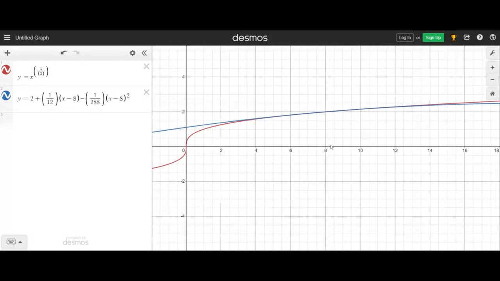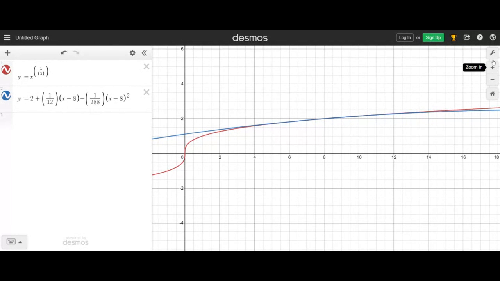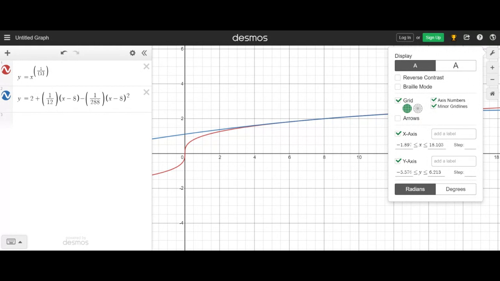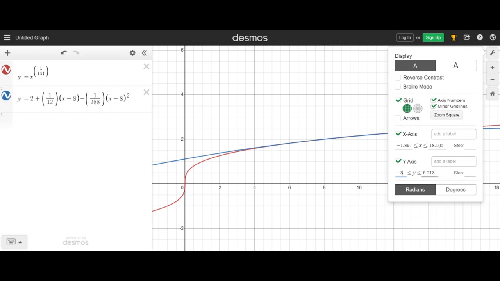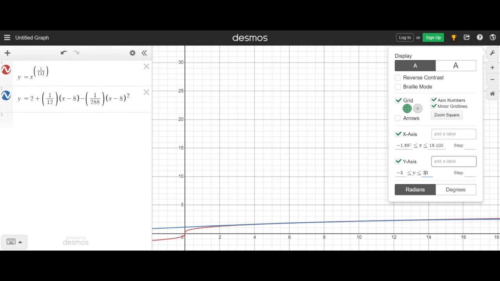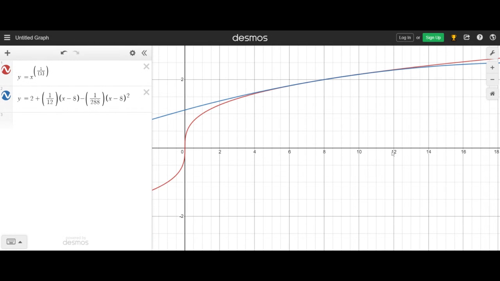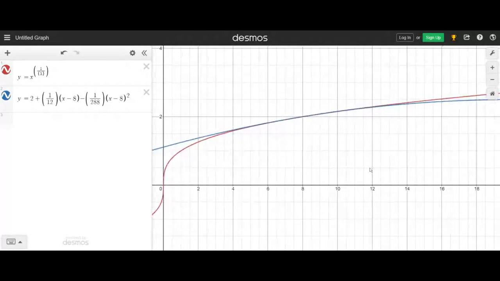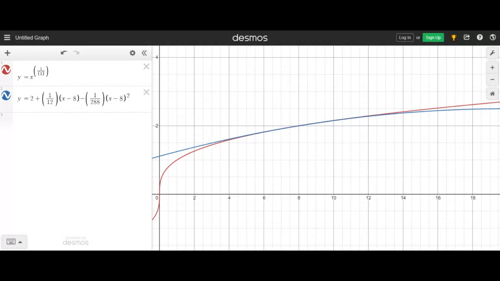I like to have a nice graph. So there's a pretty good picture: the red graph is the cube root of x, and the blue graph is that quadratic, that parabola for the second degree Taylor polynomial.